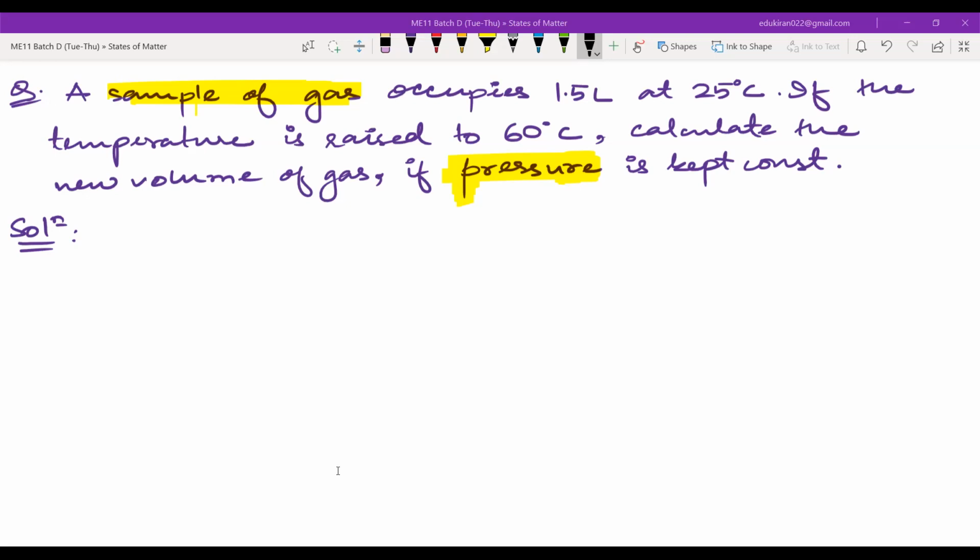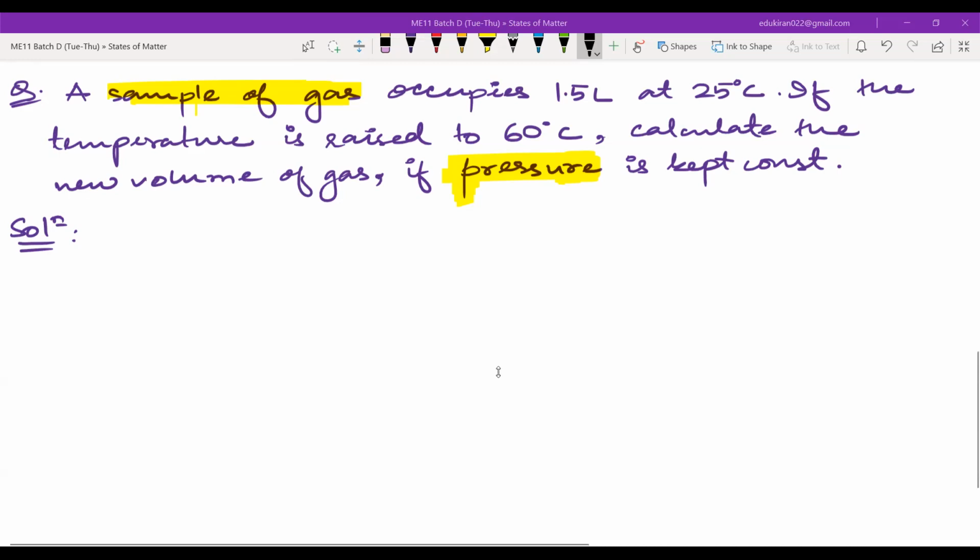At constant pressure, the volume of a fixed amount of gas is directly proportional to its absolute temperature. And then what is the next point? Absolute temperature is equal to temperature in Kelvin scale. Okay. Now, do you understand what your mistake is? Yes, sir. Okay, please redo it.